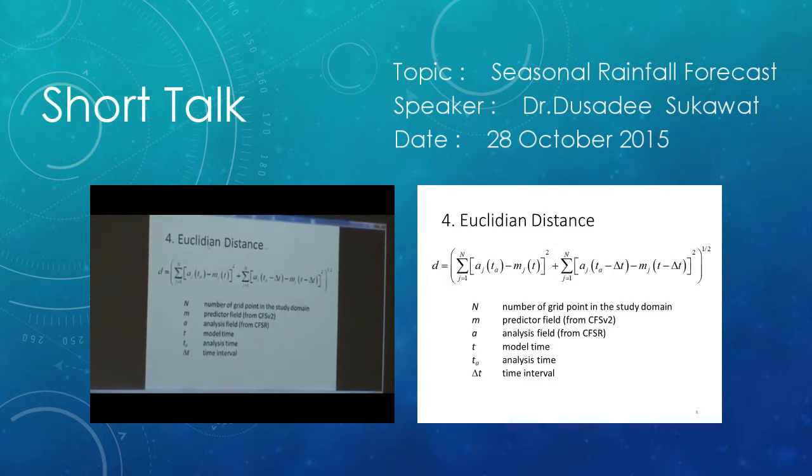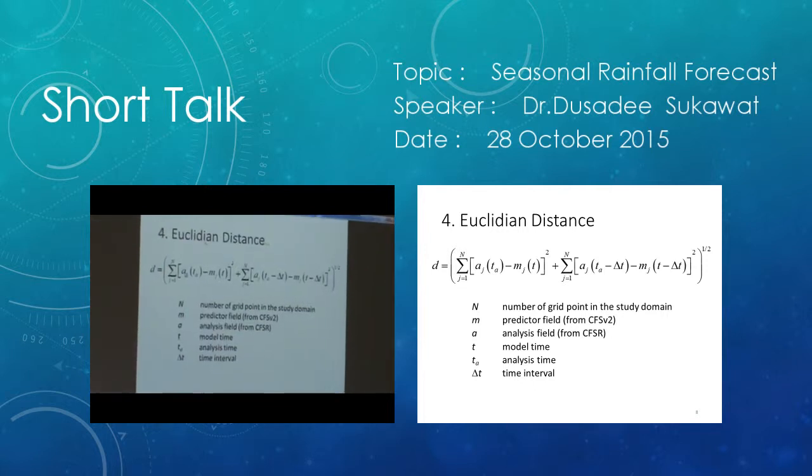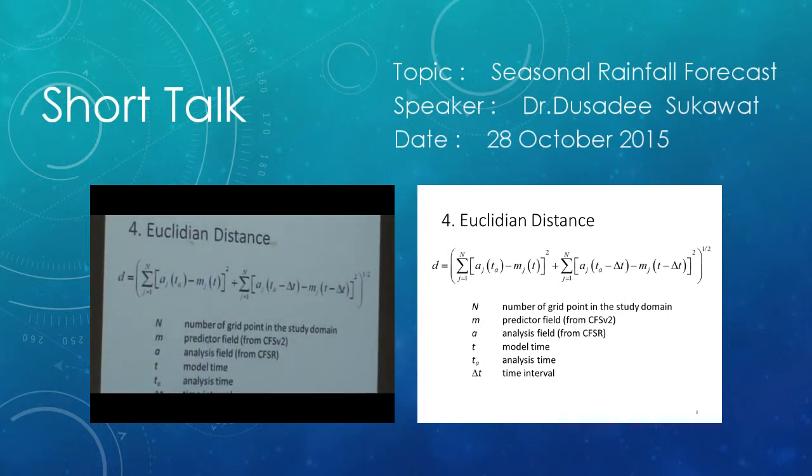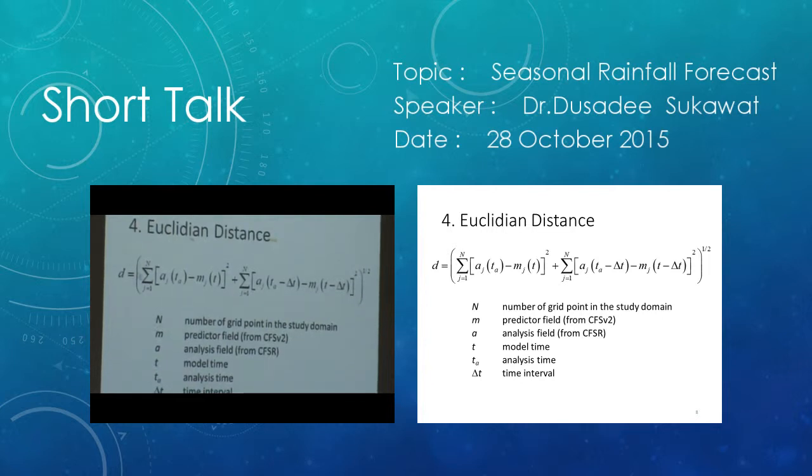So how to compare the similarity between the forecast day and the day in the past? This is the method I use. You just look at the forecast. M is the predictor. M can be temperature, humidity, pressure, and so on. You look at the forecast and also the climatological data, and you find the difference. Okay, and you do this for every point in your domain.